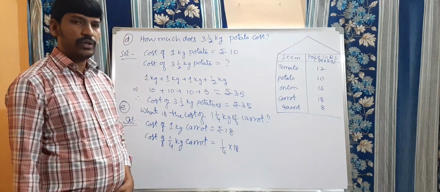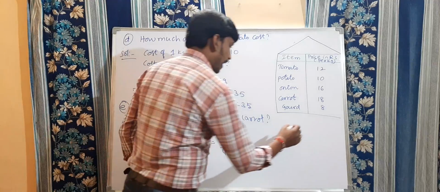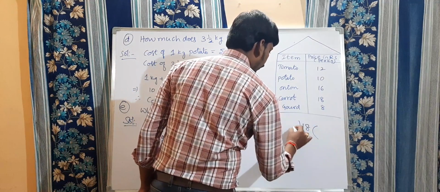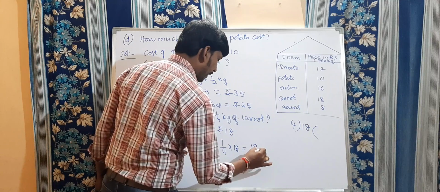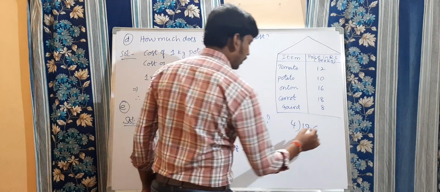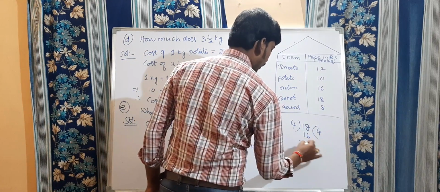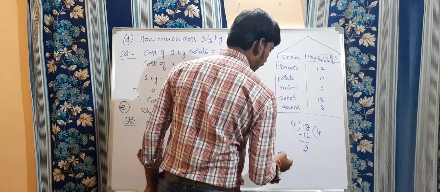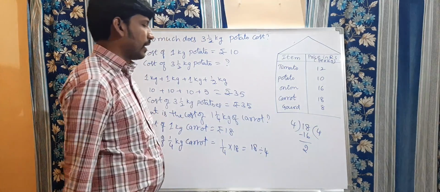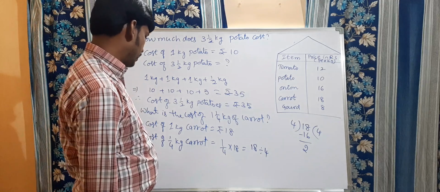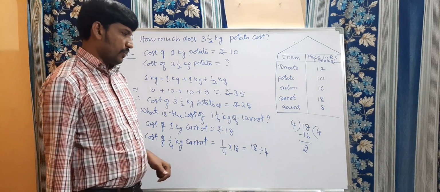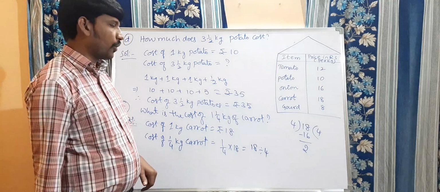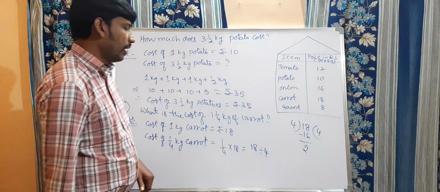How much will you get? 4 fours are 16, and 2 is the remainder. So for 1 by 4 it will become 4 rupees 50 paisa.